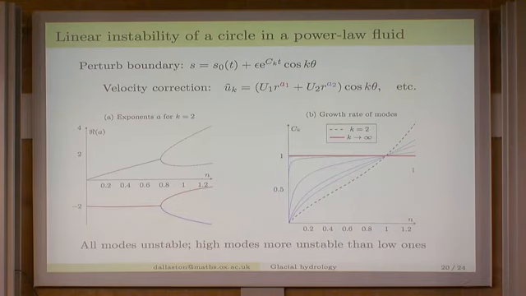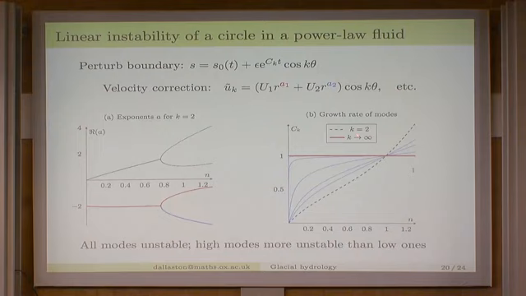Turns out they're all growing, so it's still unstable to all perturbations. But now, instead of the Newtonian flow where all those perturbations were growing at the same rate, it now depends on your mode. So the more shear thinning you are, which is further down here, for lower modes, the less unstable it is.